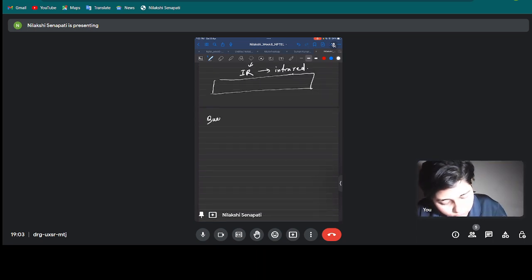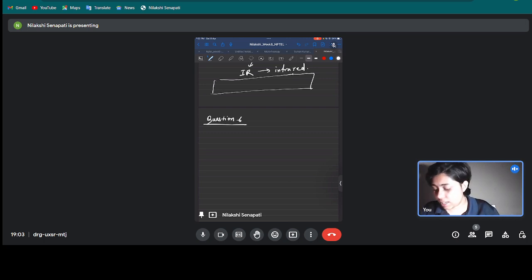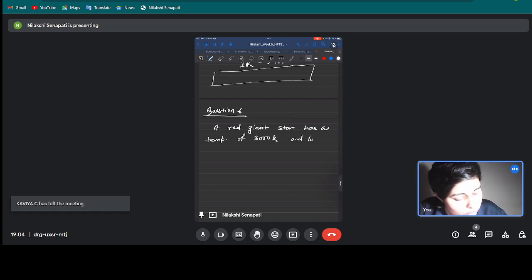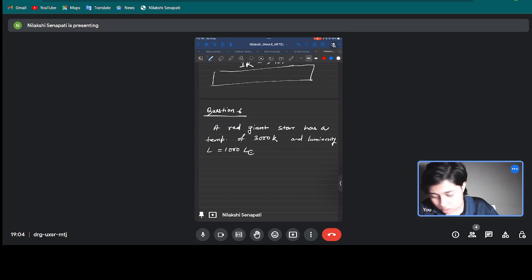Okay. So question six is telling: a red giant star has a temperature of 3,000 Kelvin and luminosity L equal to 1,000 L sun.